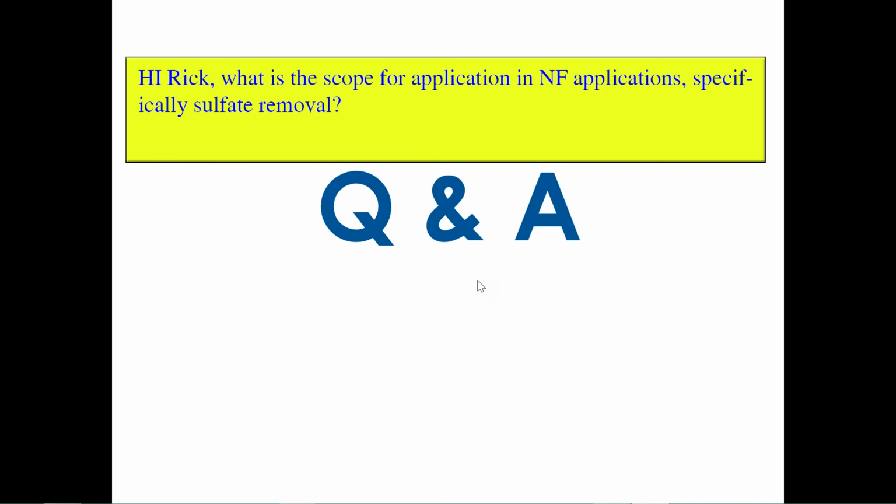So another question: what is the scope of application in nanofiltration, NF applications, specifically for sulfate removal? Nanofiltration is generally a more permeable RO membrane, very similar to RO in that it needs cross flow to operate.